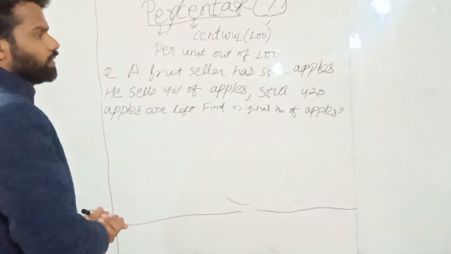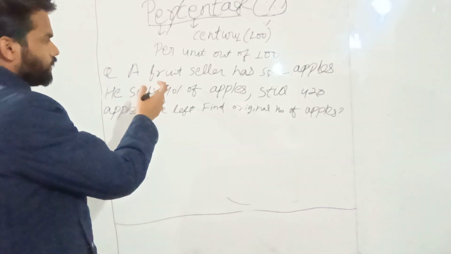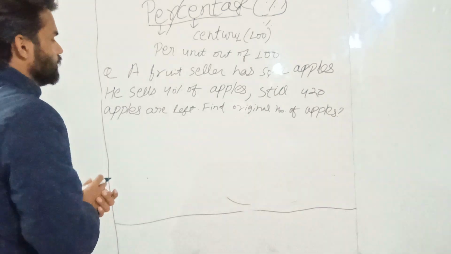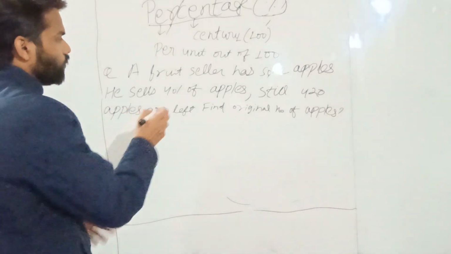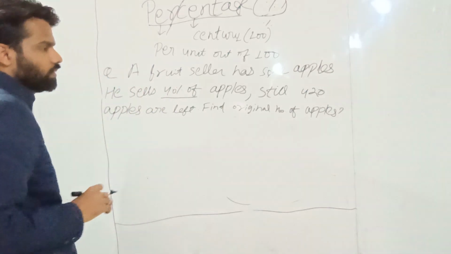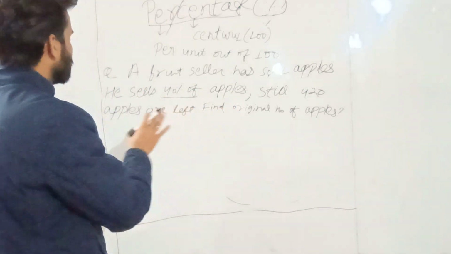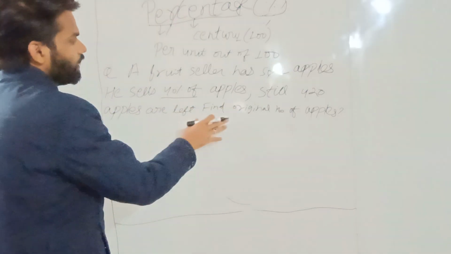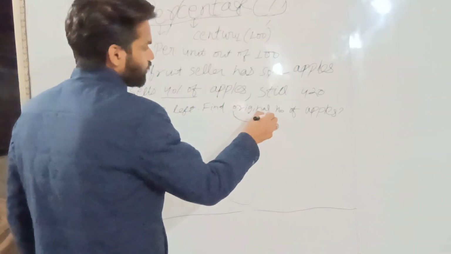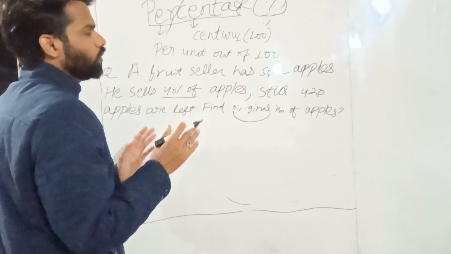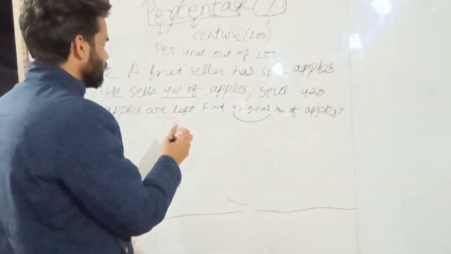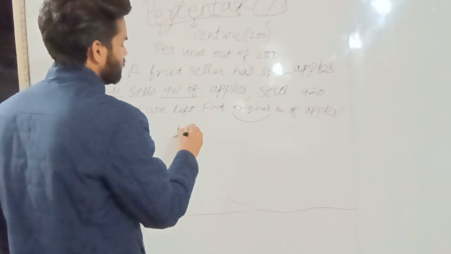So we can see in the question, a fruit seller has some apples. Out of these apples, 40% of the apples are sold. Still 420 apples are left. Then find the original one. As we have already talked about it, that original, or we can say total number of apples can be considered as 100%.